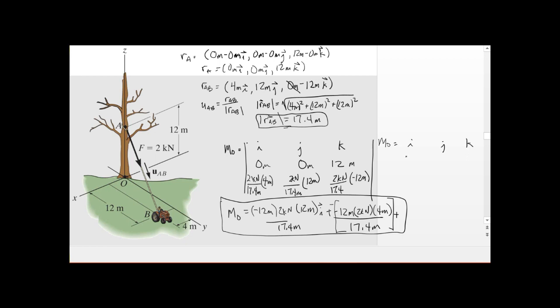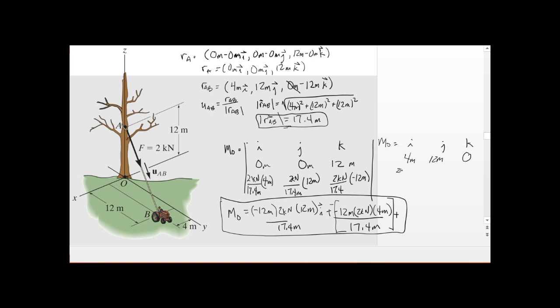So the components of RB are the coordinates of point B. So in the X direction we have 4 meters. In the Y direction we have 12 meters, and in the Z direction we have 0 meters. For the force, we have the exact same thing that we have here.